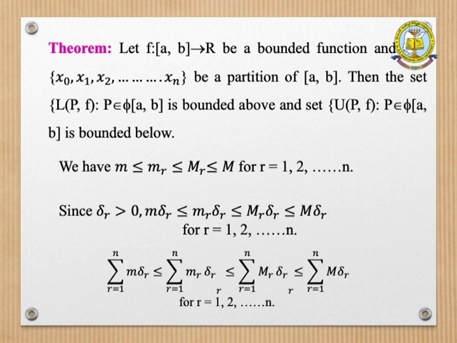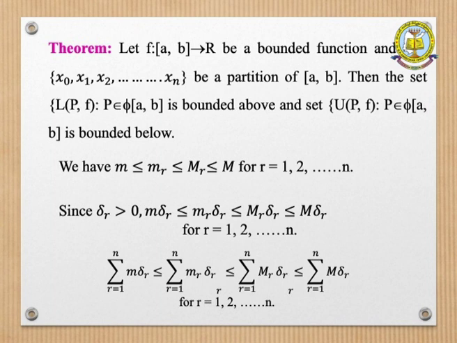Here delta r is the length of the interval, so it cannot be negative. So, delta r is greater than 0, and you multiply that relation with delta r. What you are going to get is small m into delta r is less than or equal to mr into delta r is less than or equal to capital Mr into delta r is less than or equal to capital M delta r.